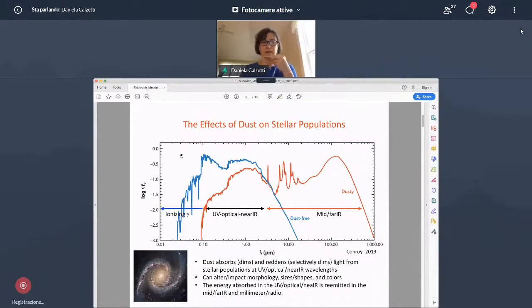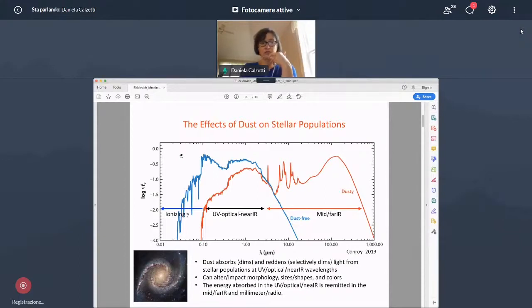This is the spectral energy distribution as a function of wavelength, going from the X-rays all the way to the far infrared, of two stellar populations. These are models for simplicity. The blue one is a stellar population in the absence of dust, and the red outline is a stellar population with dust, so it's a dusty stellar population.